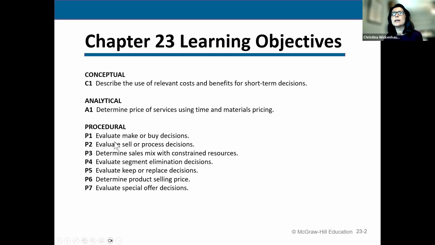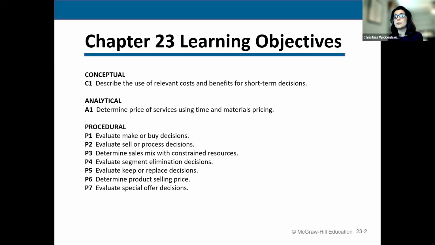We are going to use that information in the procedures to help us decide whether we're going to make or buy a product. Sometimes we spend more money on employee benefits and things like that when we could maybe buy the product already. We need to evaluate sell or process further decisions. We're going to determine what type of sales mix we should have. Maybe we have multiple products.